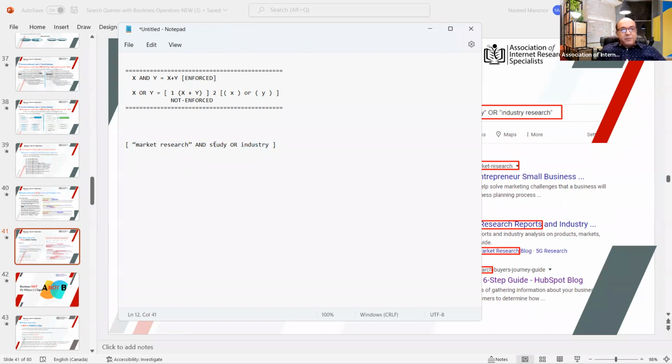If it couldn't find market research plus study, it will default onto the word industry and give you irrelevant results. So just leave it like this. Let this and this be a choice, and let this be a mandatory return.